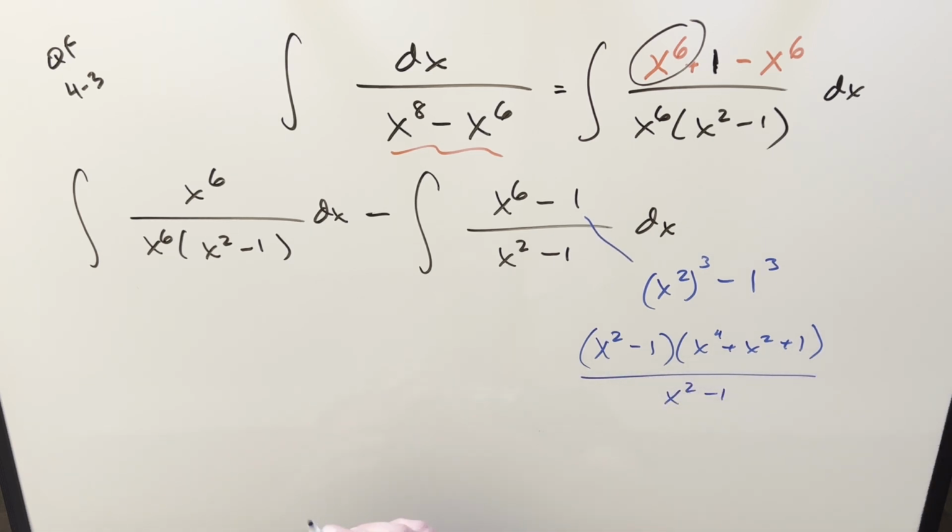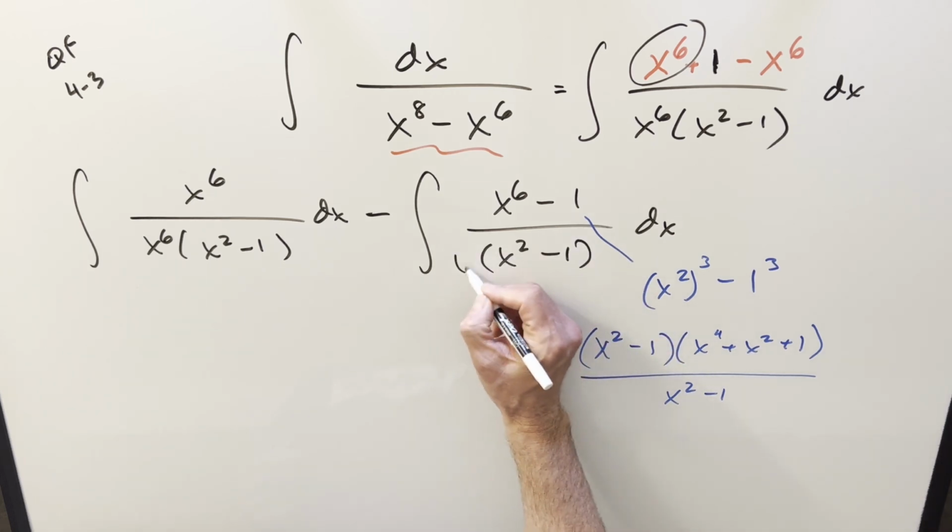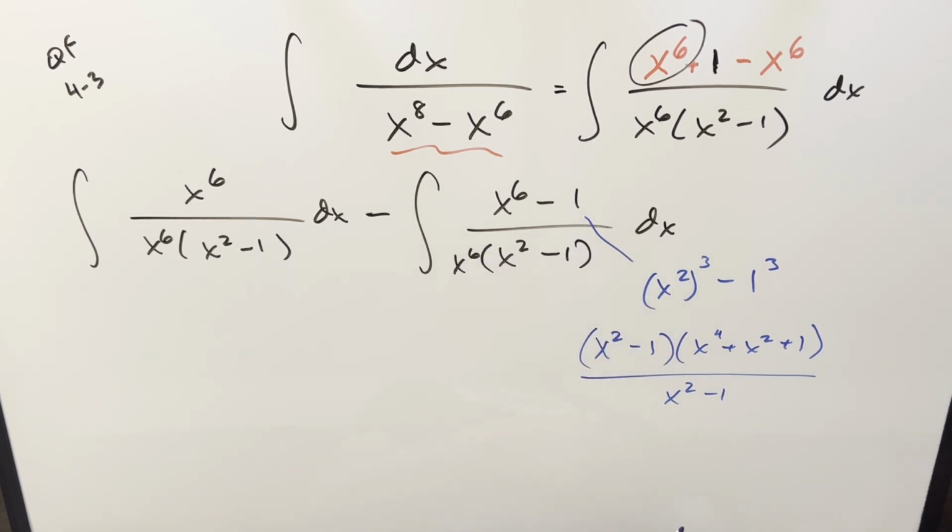And I did make a mistake, because I forgot we have to have x to the 6th here. So we have x to the 6th on that and x to the 6th here, but then I can cancel this, dividing the x to the 6th into the numerator, and what we have for this whole expression is just x to the minus 2 plus x to the minus 4 plus x to the minus 6.